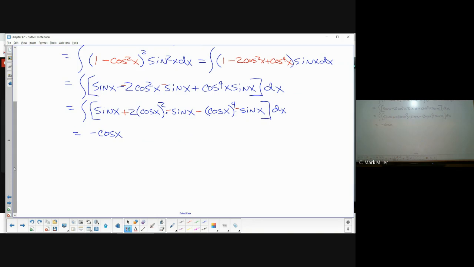And you can always check by taking the derivative of negative cosine. The derivative of positive cosine is negative sine. The derivative of negative cosine has to be the negative of negative sine, or just sine. This one, we have a 2 plus 2 divided by 3 cosine to the 3rd x.